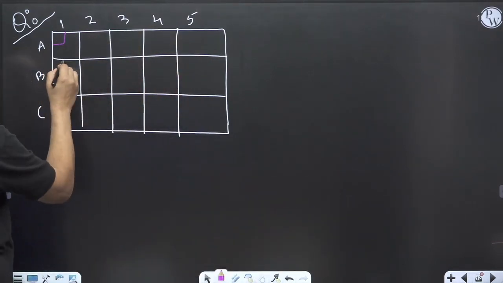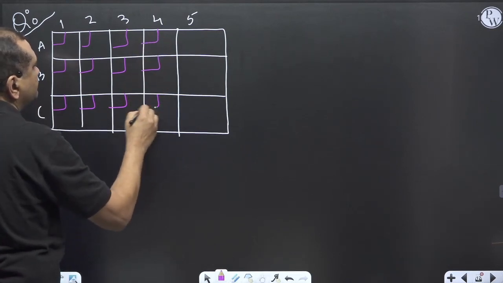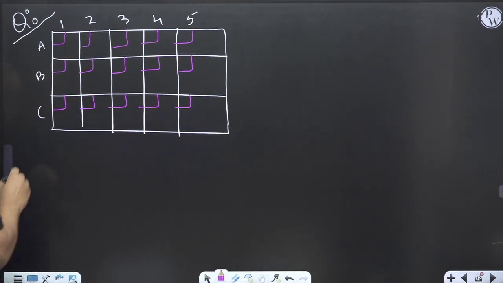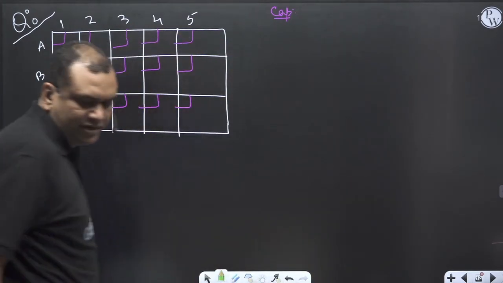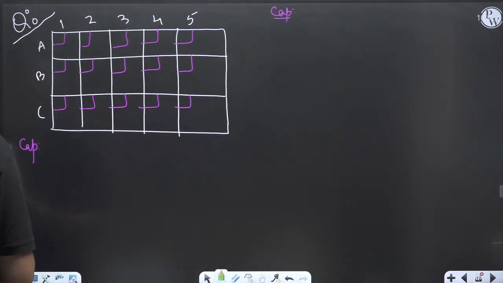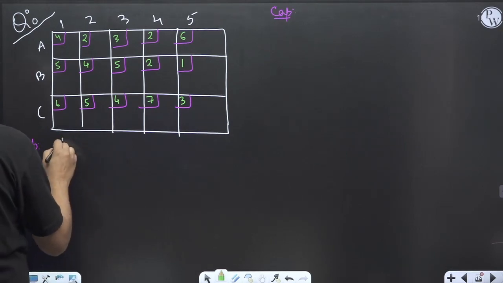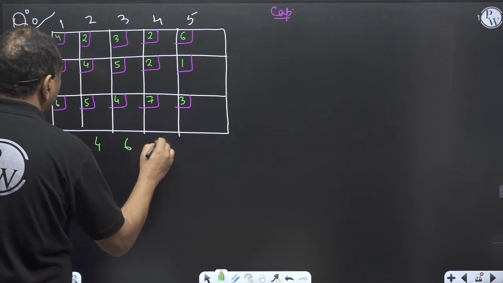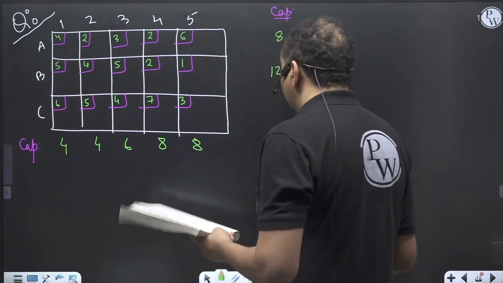And the transportation costs are given to you, and the capacities. The transportation cost and the capacities are given to you in the table. 4, 5, 6. 2, 4, 5. And the column capacities are 4, 4, 6, 8, 8. And the row capacities are 8, 12, and 14.